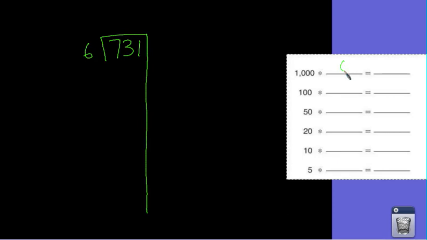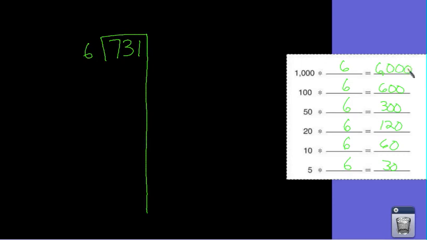So on this chart, every single number is going to be multiplied by 6. 5 times 6 is 30, 10 times 6 is 60, 20 times 6 is 120, 50 times 6 is 300, 100 times 6 is 600, and 1,000 times 6 is 6,000.